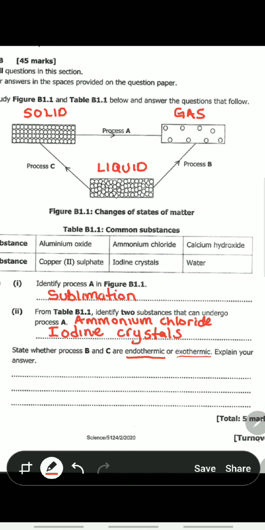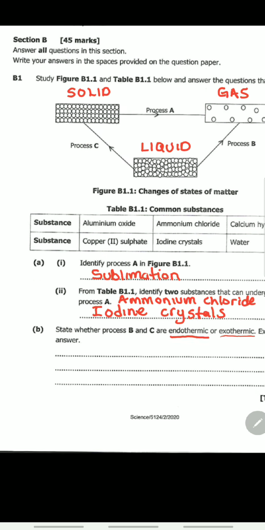And from liquid to solid, it is still losing heat, meaning that it is exothermic. Okay, so not process A, but process B is evaporation, where a liquid turns into gas. So during evaporation, this process is definitely absorbing heat, so it is endothermic.